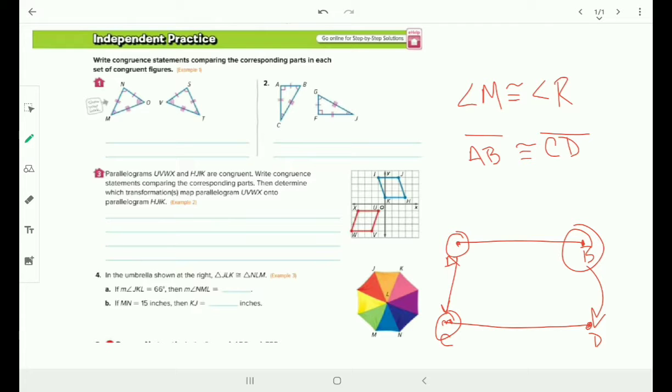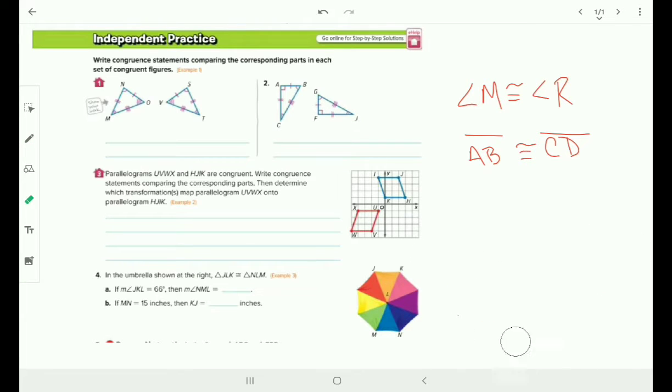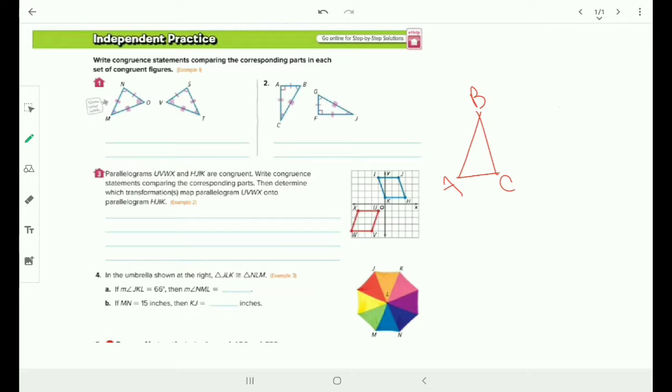Because when you start getting into very specific cases, maybe you're talking about a triangle, maybe we're comparing 2 triangles. If I were to draw 2 triangles, A, B, and C, and then over here I had another triangle, D, E, and F, it's important to note that triangle ABC is congruent to triangle DEF.